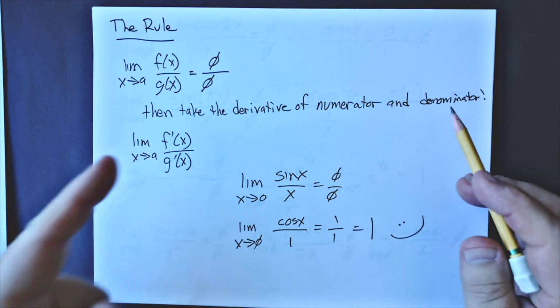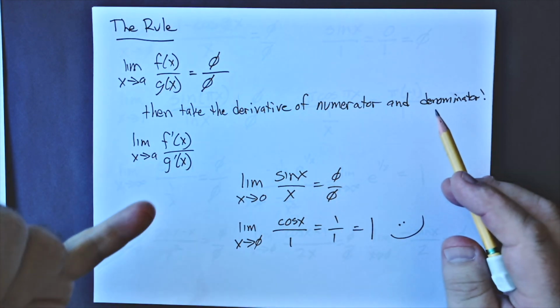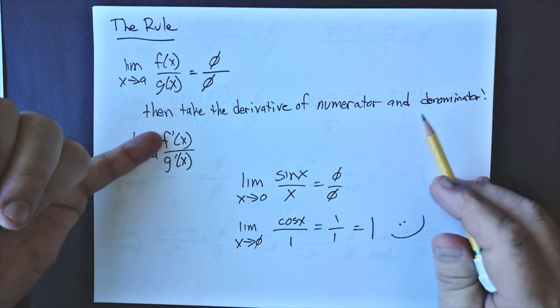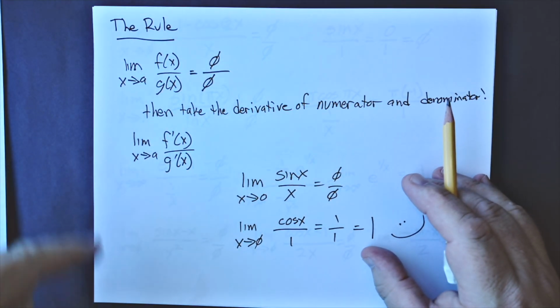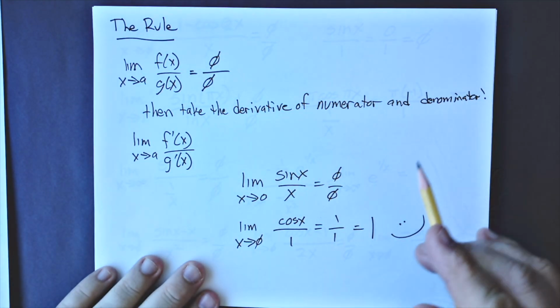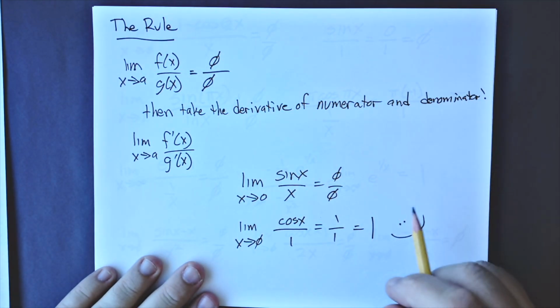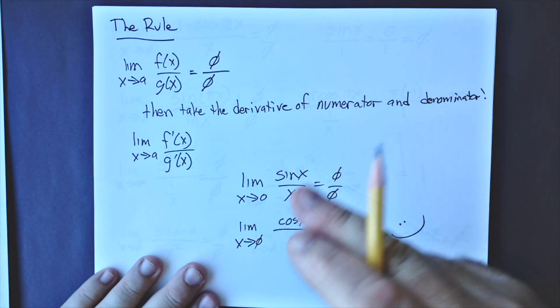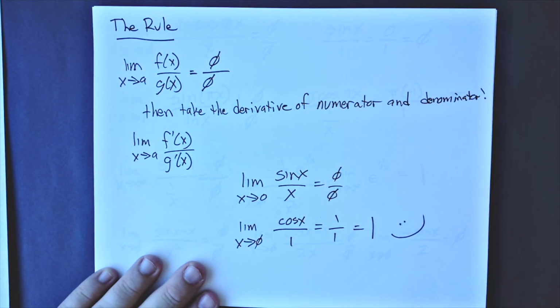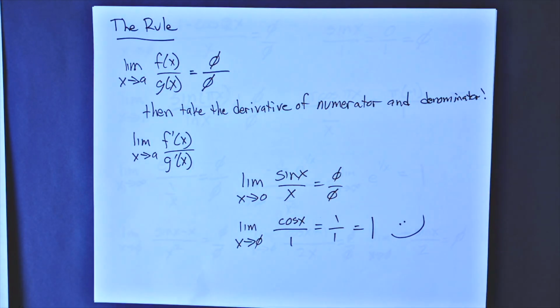This is not the quotient rule. You simply take the derivative of the numerator, take the derivative of the denominator, and reevaluate it. And hopefully when you reevaluate, you're going to get an answer. If it's still 0 over 0, you can do the process again. You can use L'Hôpital's rule as many times as you'd like.